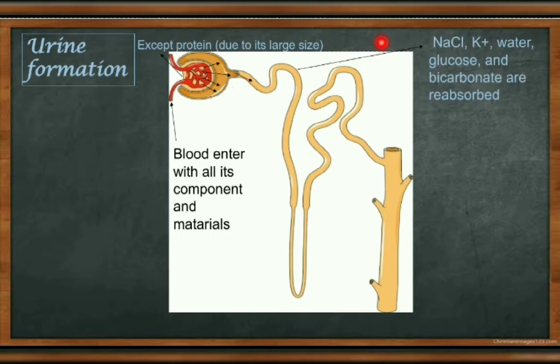After reabsorption by the PCT, all the material, that is sodium, potassium, chlorine, water, glucose, bicarbonates, is absorbed by the PCT and transferred into the efferent arterioles. So the efferent arterioles receive all the components and distribute them in our body.